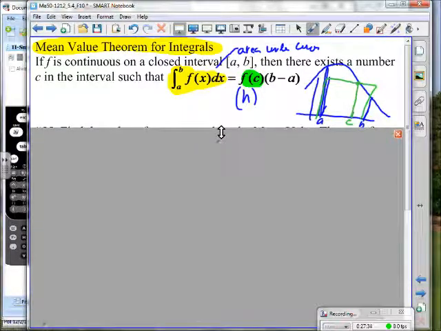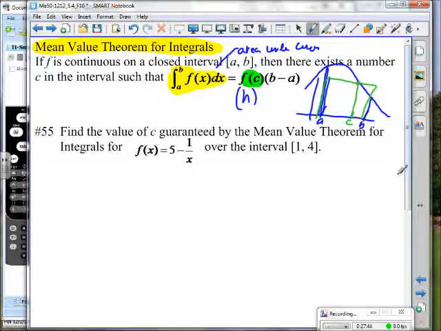Now, let's go on here. Find the value of C guaranteed by the mean value theorem for integrals for this function over the interval 1 to 4.